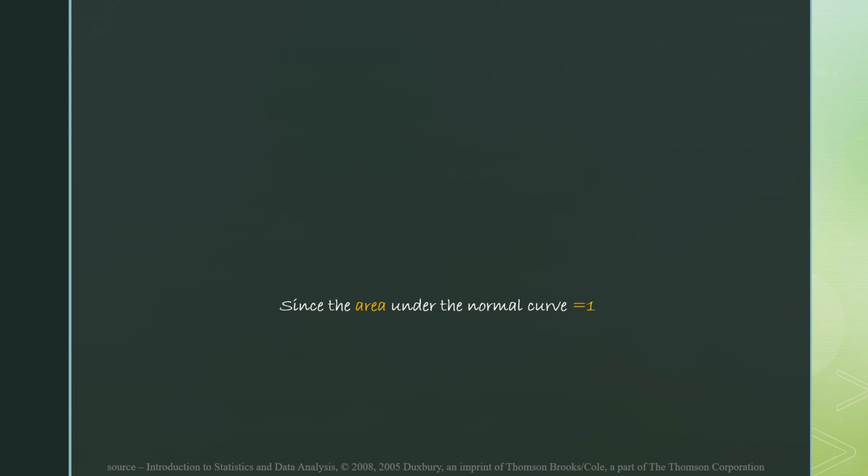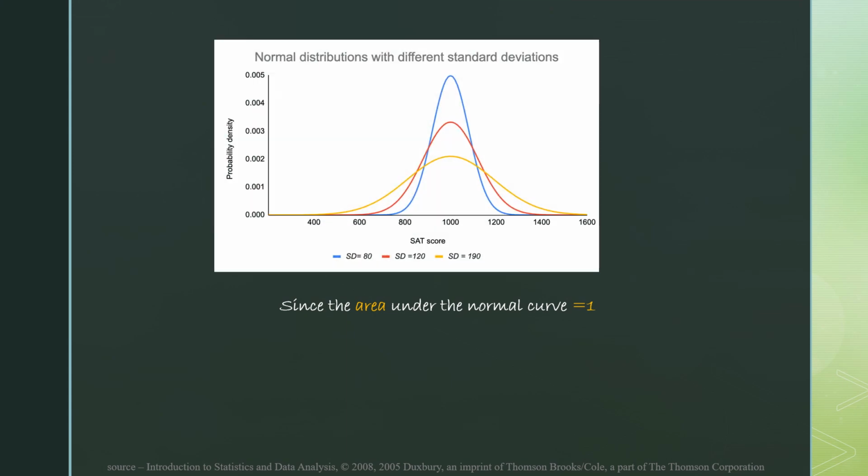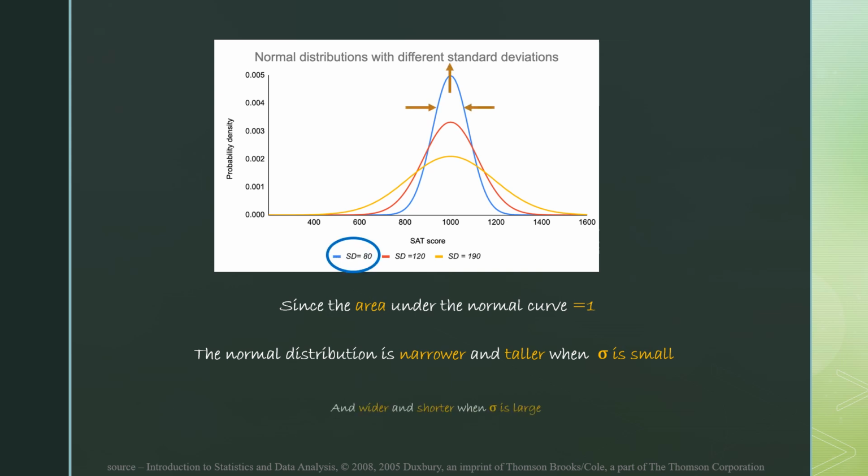Since the area under the normal curve equals 1, the normal distribution is narrower and taller when sigma is small and wider and shorter when sigma is large.